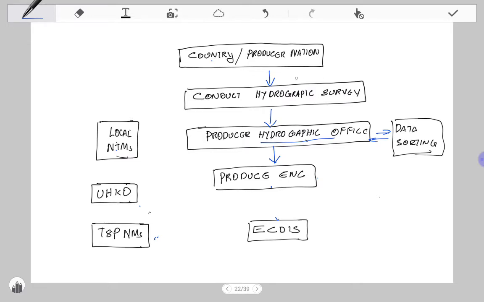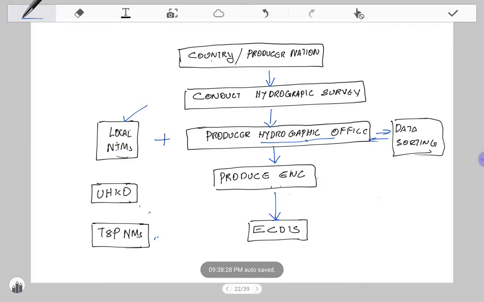Each hydrographic office has its own local notices to mariners. When the hydrographic office produces an ENC, these local notices to mariners are also included in the ENC. Then the ENC is produced and uploaded in the ECDIS when we do the navigation.